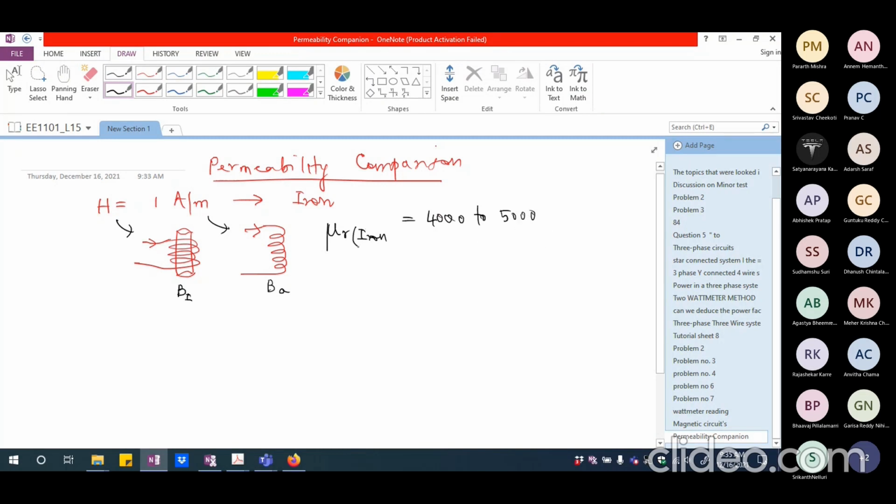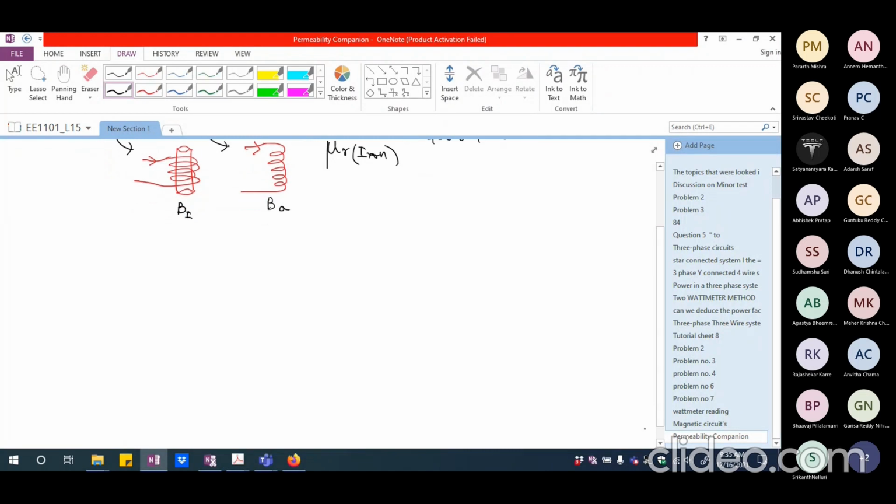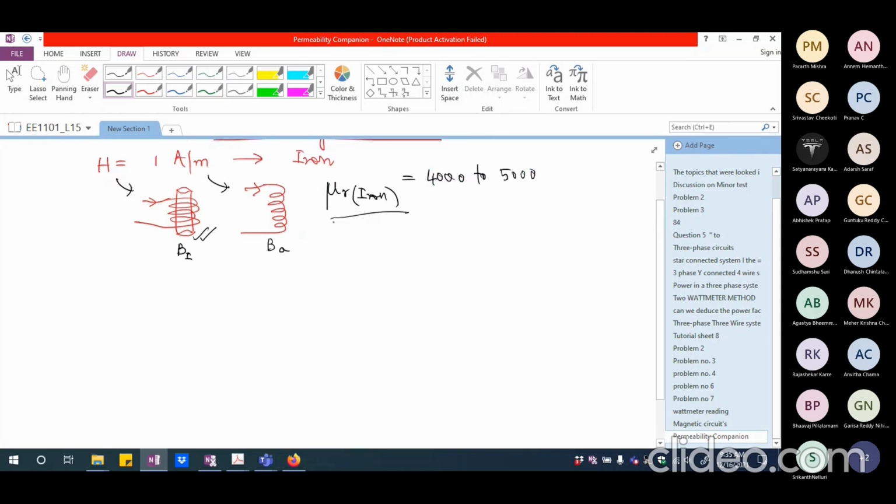So I am going to generally see the flux density in iron almost 4,000 to 5,000 times as compared to what I see as flux density in air for the same amount of magnetic field intensity. Okay. Now from this, we can say in general, if I want a high concentration of magnetic flux, I should try to use materials which are having relative permeability which are quite high.